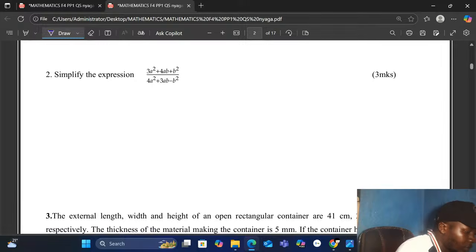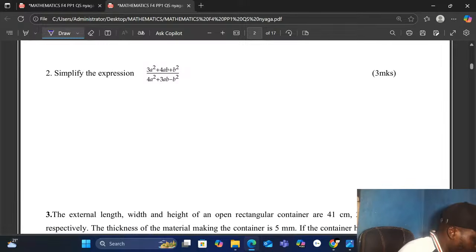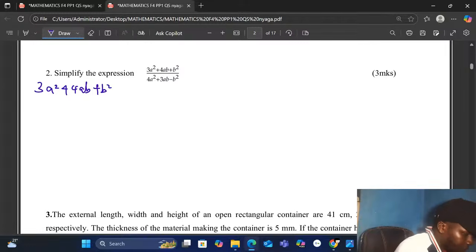We start by looking at the numerator. We solve the numerator first, and then we move to the denominator. So our numerator is 3a squared plus 4ab plus b squared. Solve this.